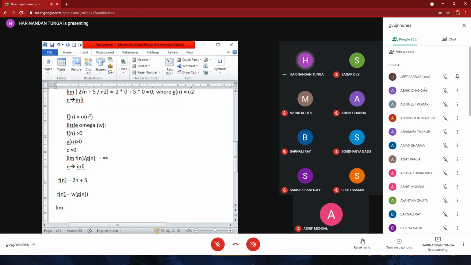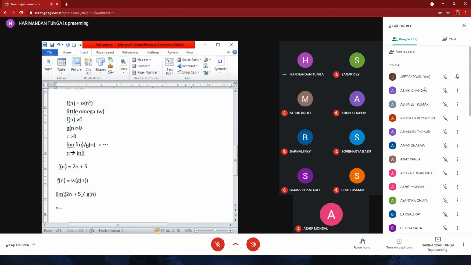আমরা জানি লিমিট fn. What is the value of fn? The value of fn is 2n plus 5 divided by gn, n tends to infinity. তাহলে what is the minimum value of gn?